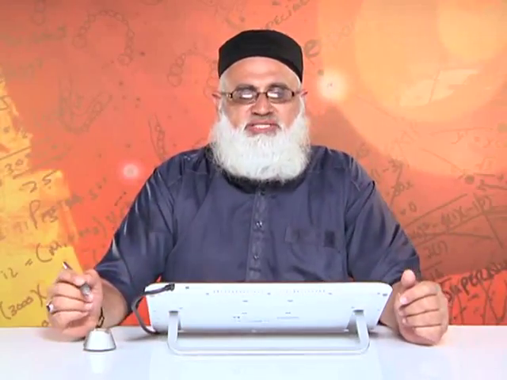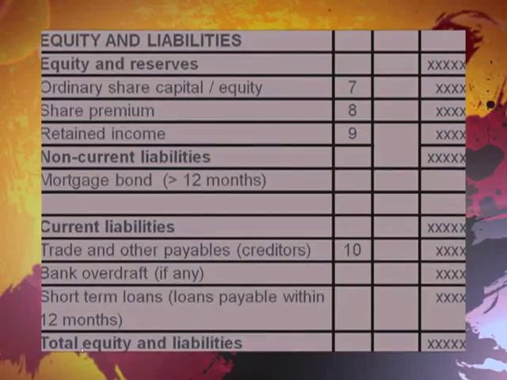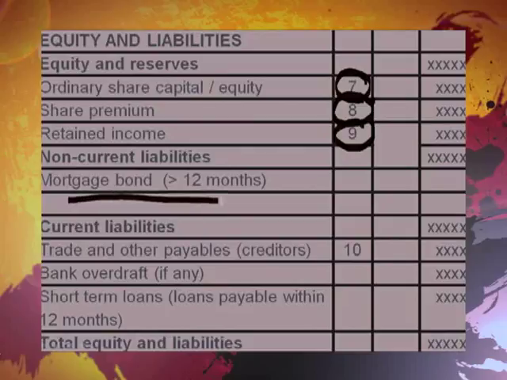Let's look at our equity and liabilities now. Here we have ordinary share capital, note number 7. We also have the share premium, note number 8. And then we have our retained income, note number 9. Okay. Then we also have our non-current liability, again, greater than 12 months.